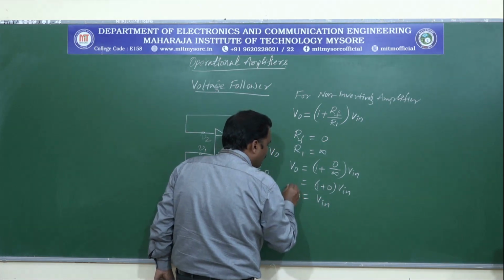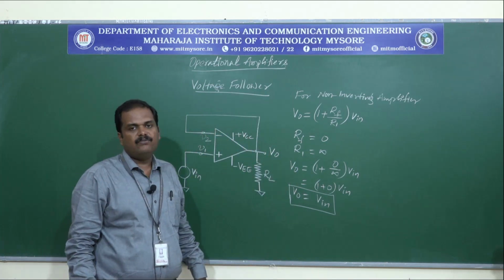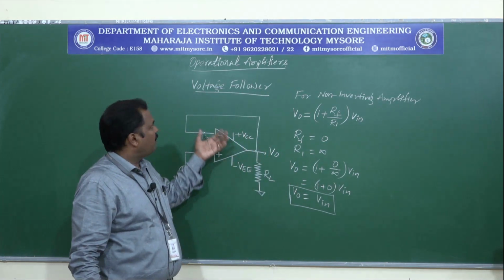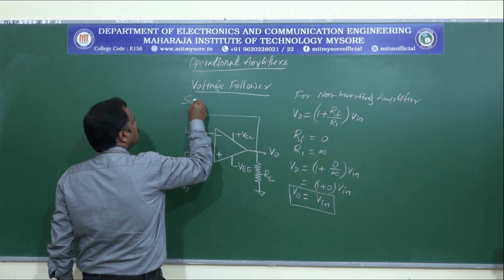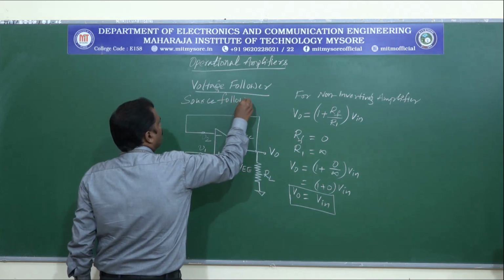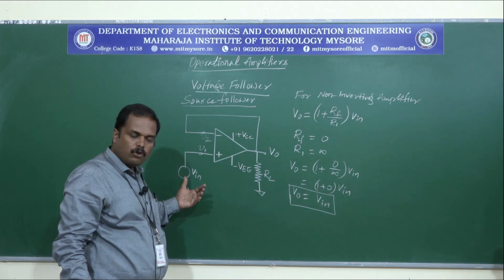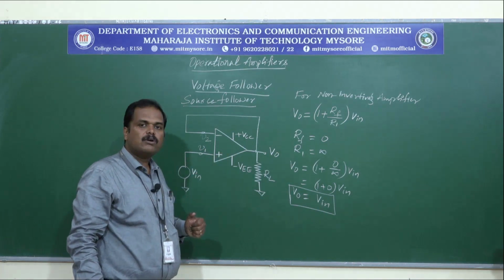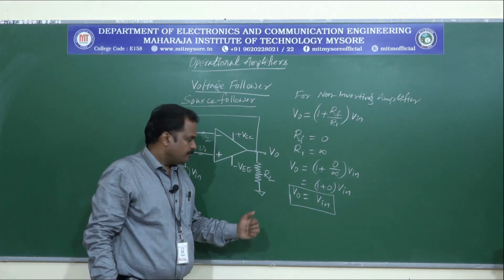So here V0 is going to be same as Vin. So the name given is voltage follower, or this can also be called the source follower, because the output follows the supply source or the source signal. The circuit is also called the source follower circuit.